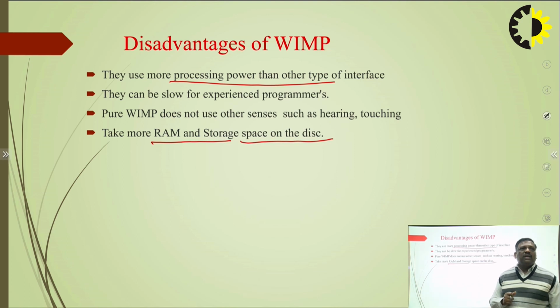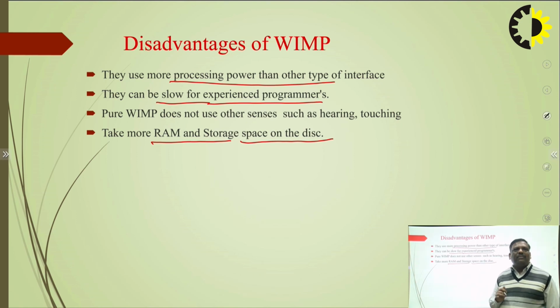It can be slow for an experienced programmer, because experienced programmers are much more familiar with code, so sometimes it is slow for them, but for beginners it is not.